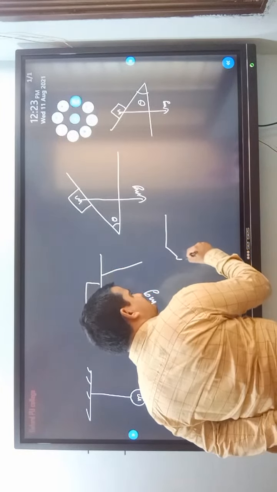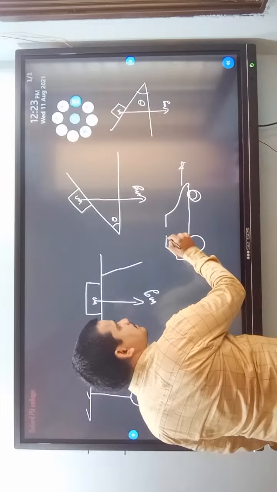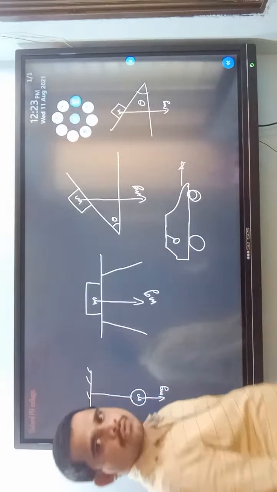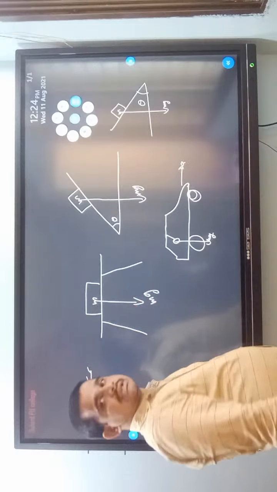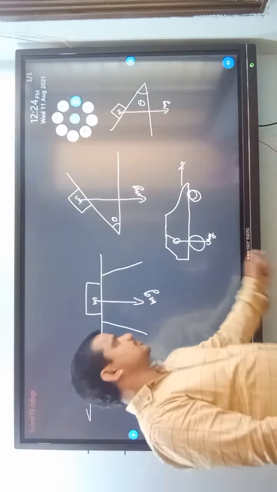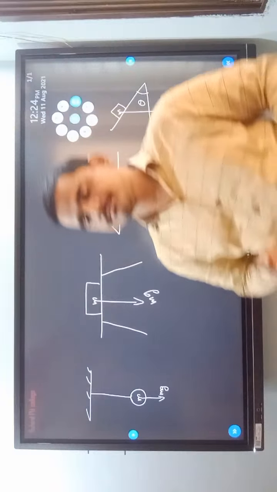Then the pendulum moves and may stay like this. Even in this situation, mg acts downward only. In any case, mg acts vertically downward, 100%. The one force acting on the body of mass m by gravity is mg.